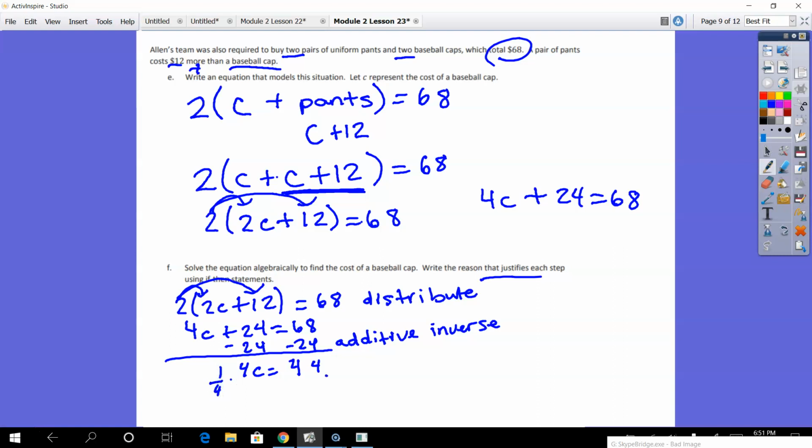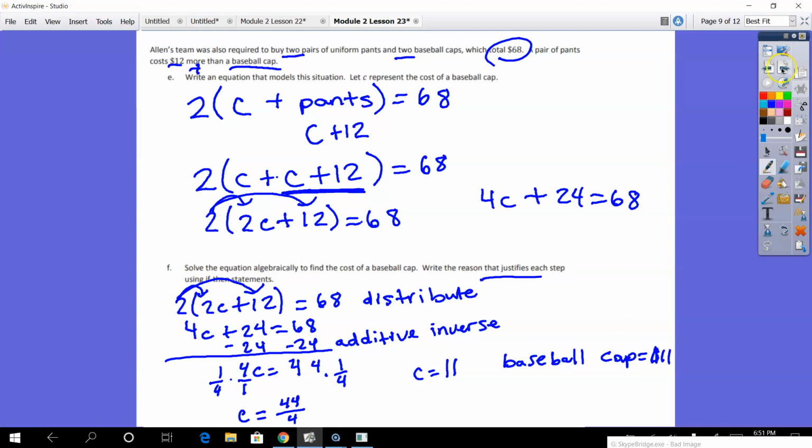Multiply by the reciprocal in order to get 1 C. So C is equal to 44 over 4. So C is equal to 11. So C was the cost of the baseball cap. So the baseball cap was $11.